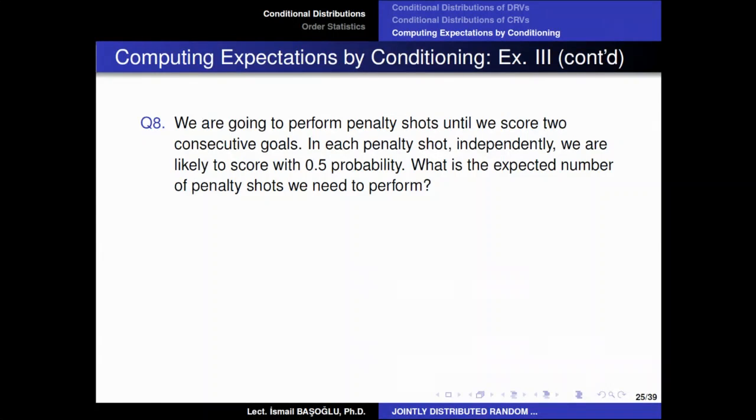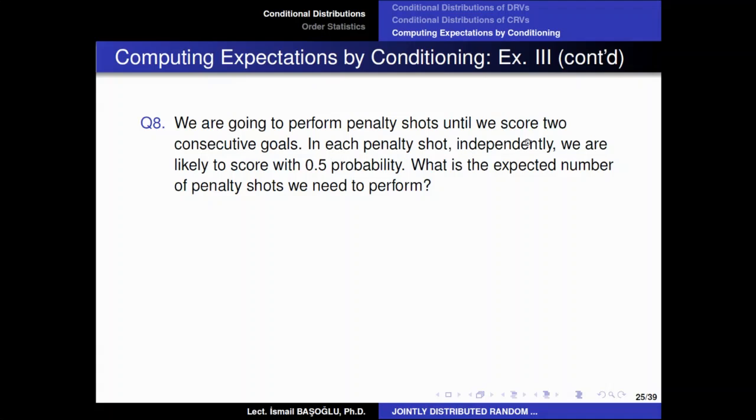In the second shot, you have missed. In the third shot, you have scored again. Are you going to stop? No. We are not going to stop when we score 2 goals. We are going to stop if my last 2 penalty shots are scored. Okay? So this is the stopping criterion.